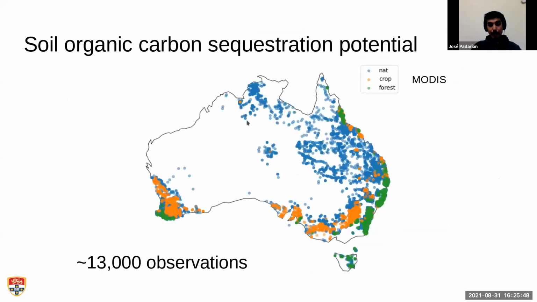We're also doing something slightly different, obviously related to carbon, measuring the soil organic carbon sequestration potential here in Australia. Here we're quite lucky that we have a lot of soil profiles. If you compare it with the example that I gave you in Chile, we had 500 at that time. Now we have like 2,000, 3,000. So it's really good to work with this data.